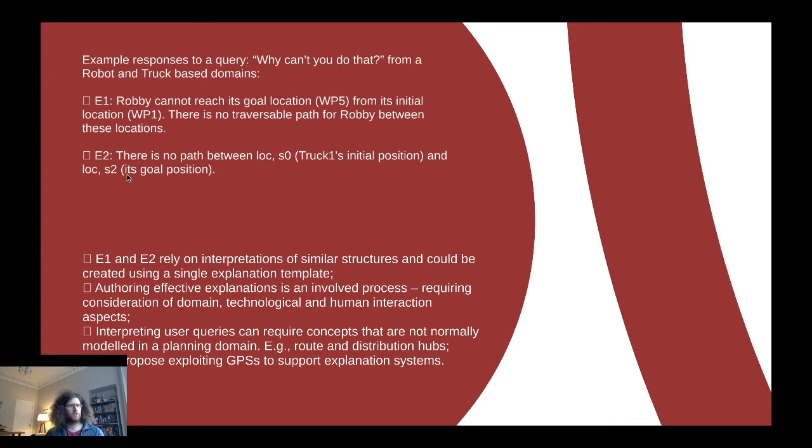Explanations. So in a robot domain, Robbie cannot reach its goal location from its initial location. There is no traversable path for Robbie between these locations. And in a truck domain, there is no path between some location S0 and location S2. And so the idea is that computationally what we're looking at here is reachability analysis that's been performed, and the explanation could be based on some shared template between these two examples.